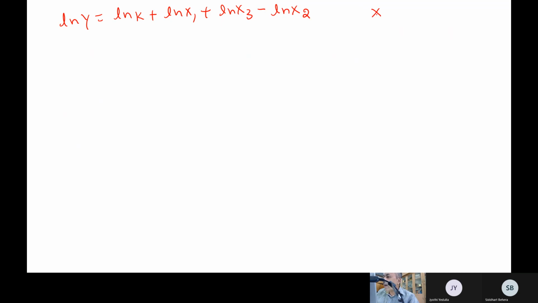See, x is a log normal random variable. What will be log x? What type of random variable will be log x? Previously we have discussed, right?